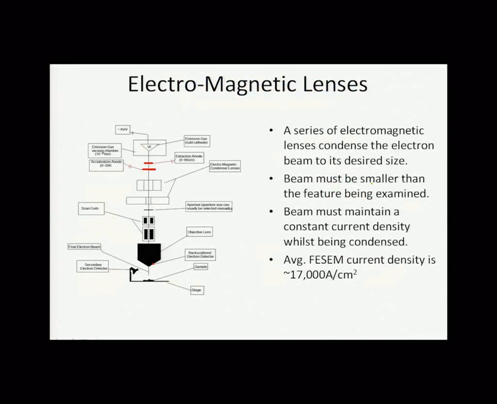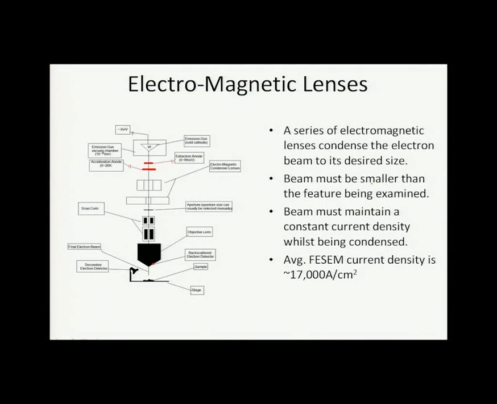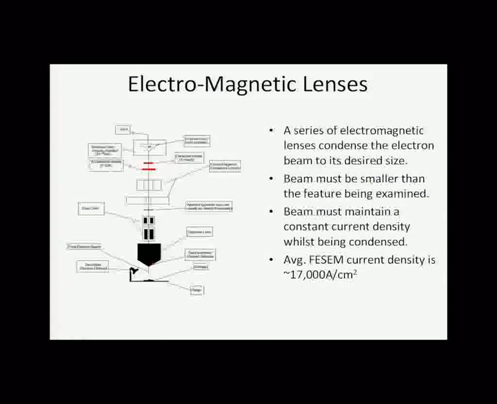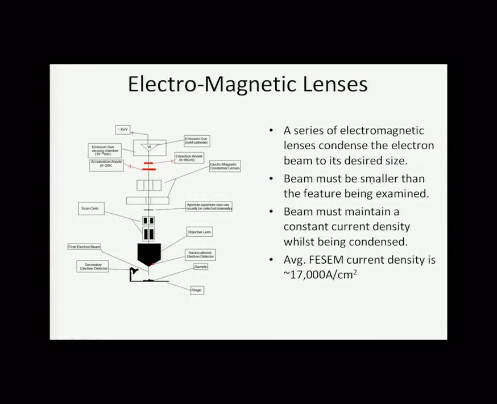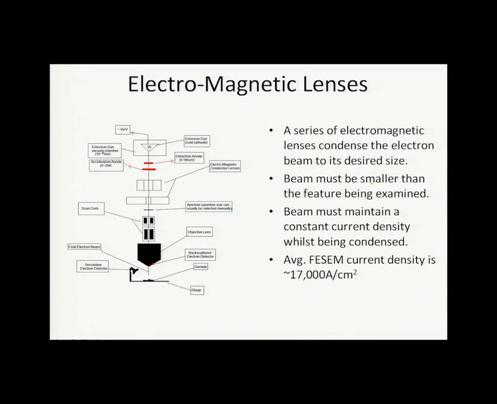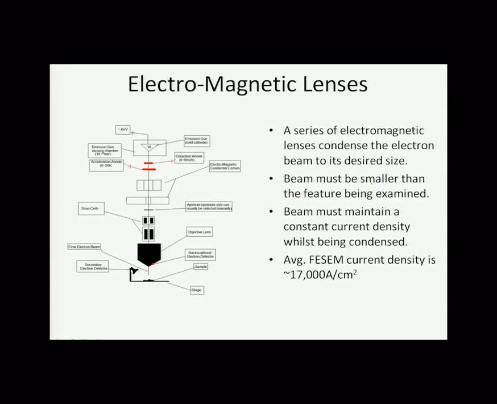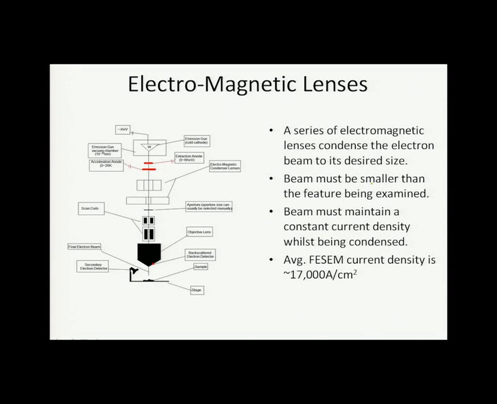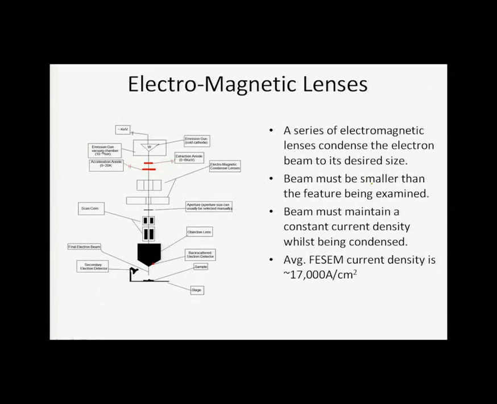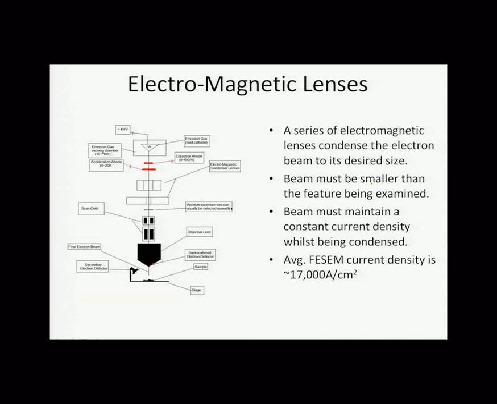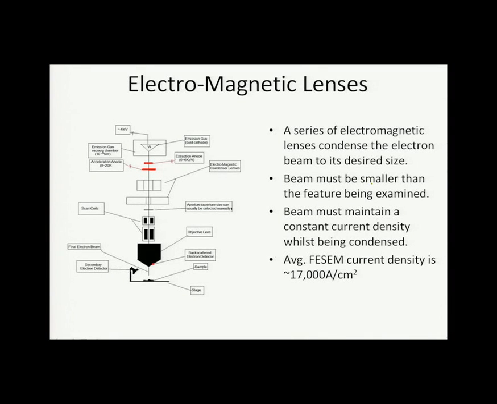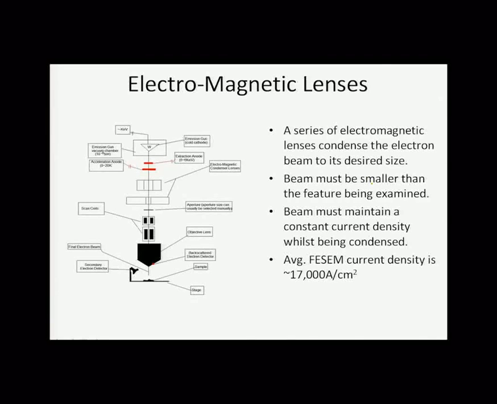A series of electromagnetic lenses condense the electron beam to the desired size. The beam must be smaller than the feature being examined. Okay, why is that important? Well, if I ask you to measure the width of a human hair with a metric ruler, and the smallest unit on the ruler is centimeters, you're going to have a lot of trouble measuring the width of a human hair, which is probably between 50 and 100 microns.